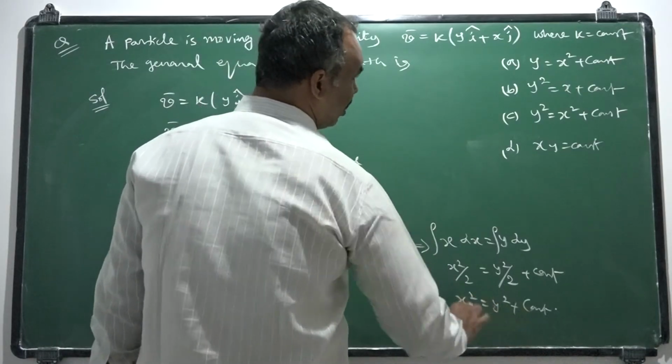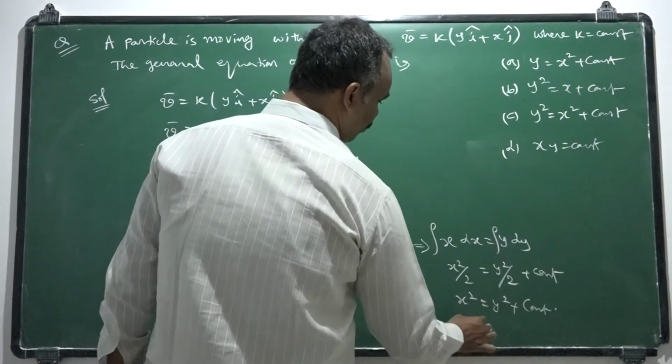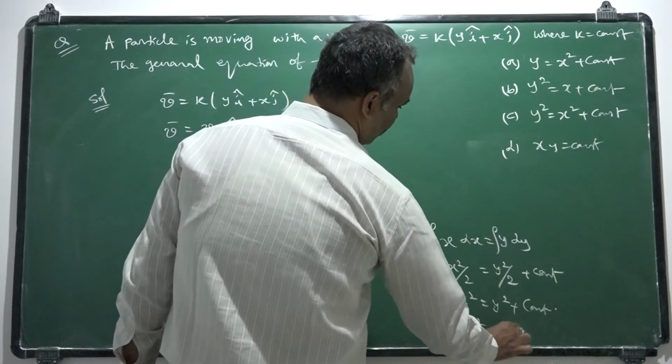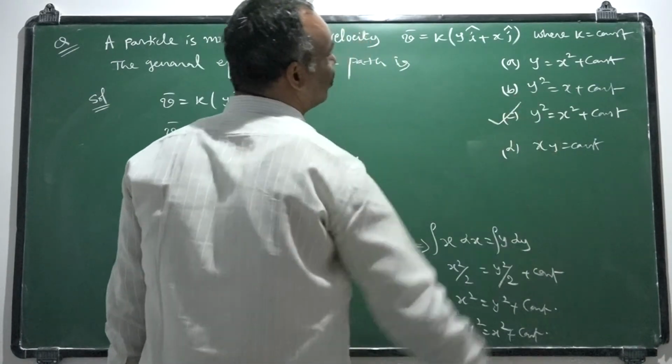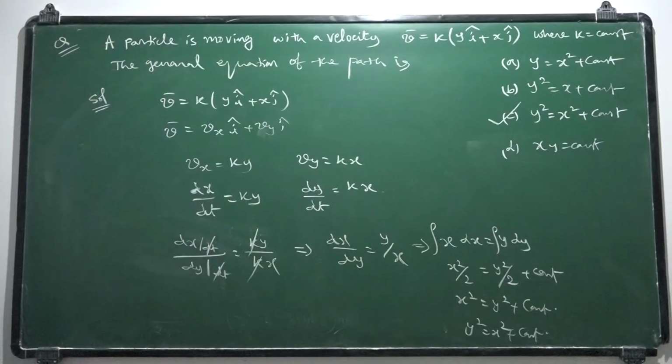You can keep that constant on either side, or y square is equal to x square plus constant. Anything you can take. Y square is equal to x square plus constant. That is the solution for the given problem. Very simple solution for the given question.